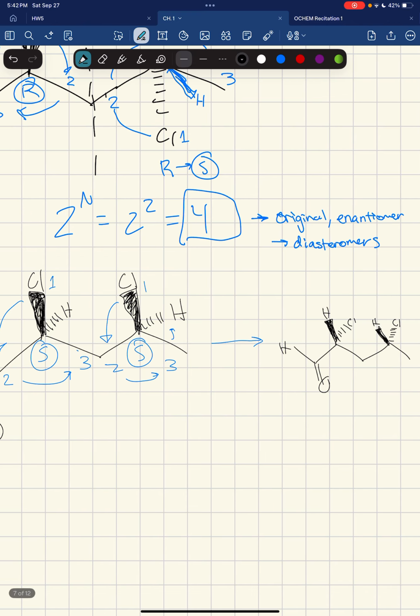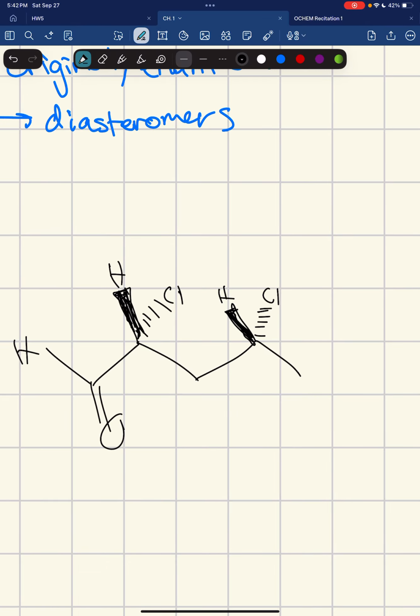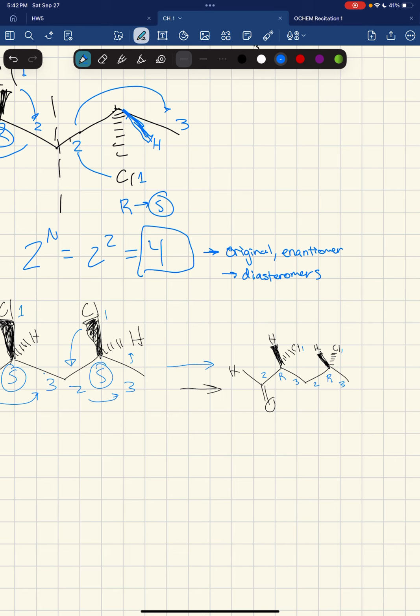So as you look right here, all of the original stereocenters are flipped exactly. And you can do this analytically by designating the stereocenters R, R, where this is 1, 2, 3. So it's going counterclockwise, but the H is going forward, so it should be going clockwise, which means this is R. 1, 2, 3, it's going counterclockwise, same thing, H is in the front, so it switches to R. So all stereocenters will flip: if they're S, they'll go to R, and if they're R, to S. And that means they are enantiomers.